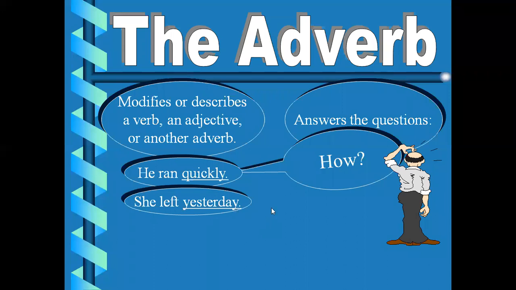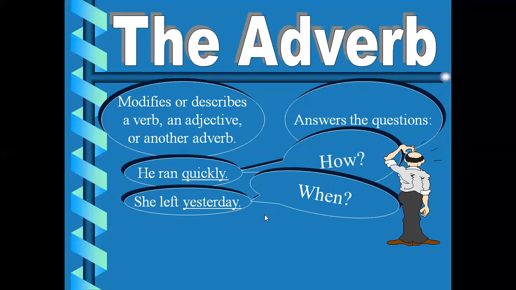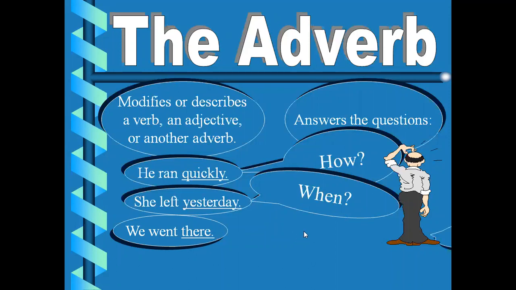She left yesterday. Yesterday is an adverb of time because it answered the question word when. We went there. There here is a place, so it's an adverb. It answered the question word where.